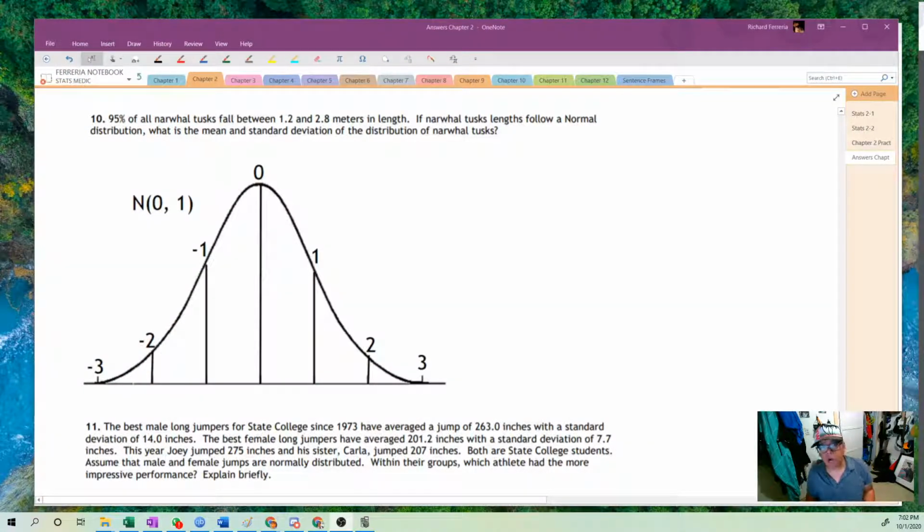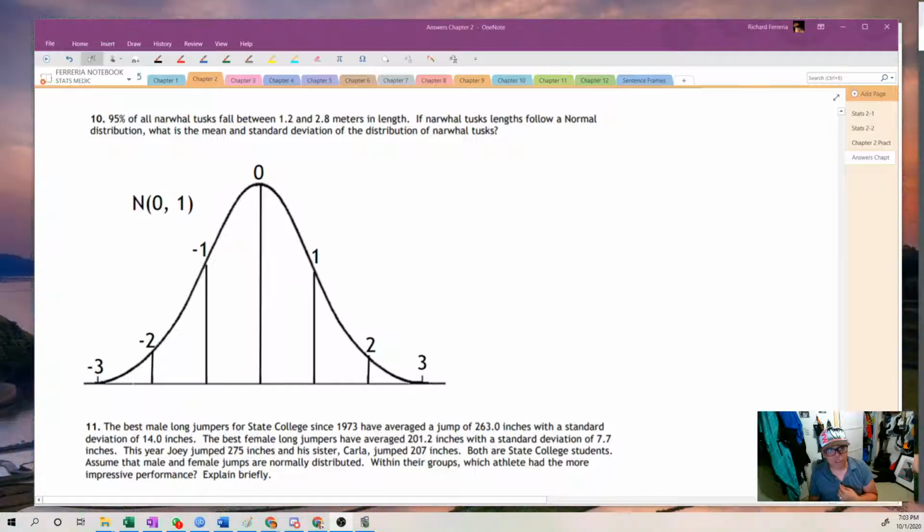10% of all narwhal tusks fall between... 95% of all narwhal tusks fall between 1.2 and 2.8 meters in length. And if narwhal tusks follow a normal distribution, what is the mean and standard deviation?